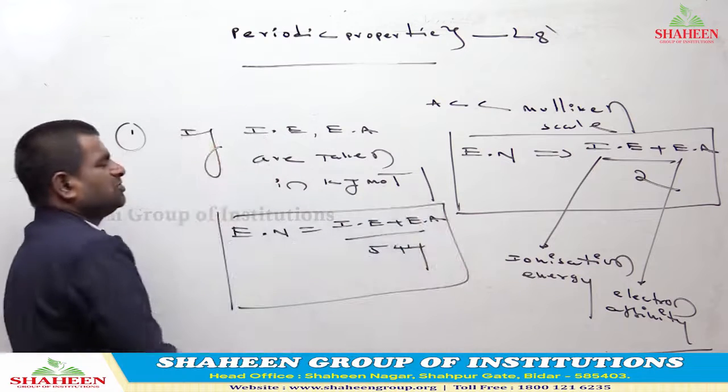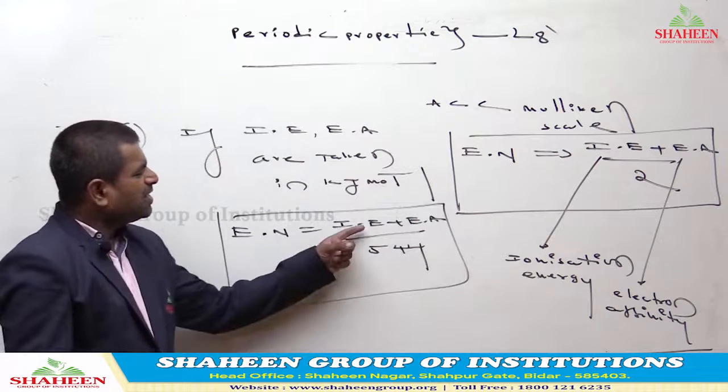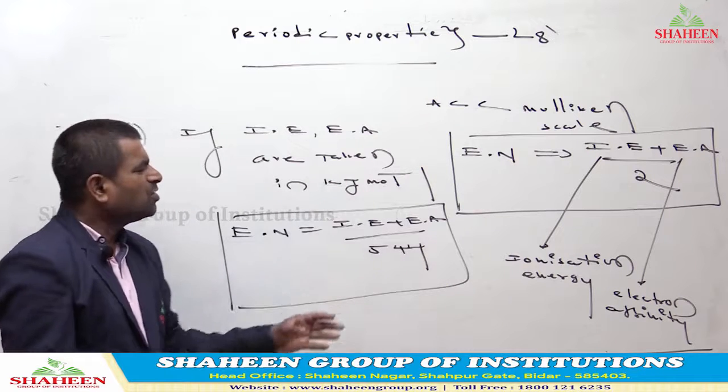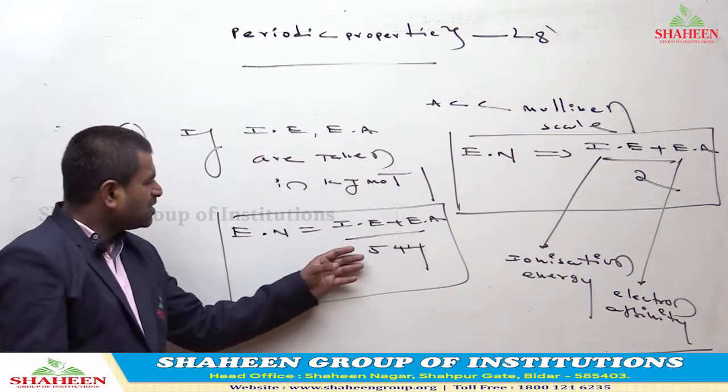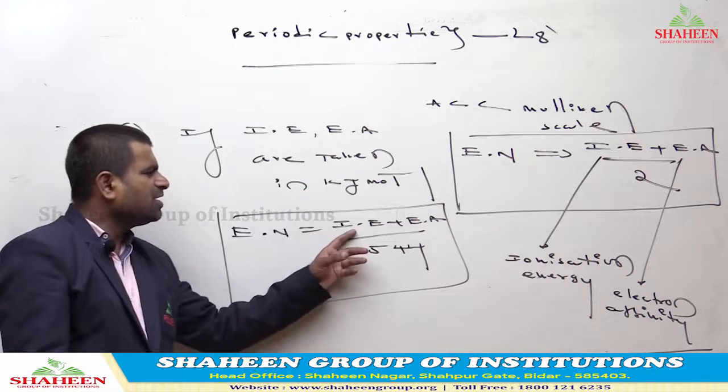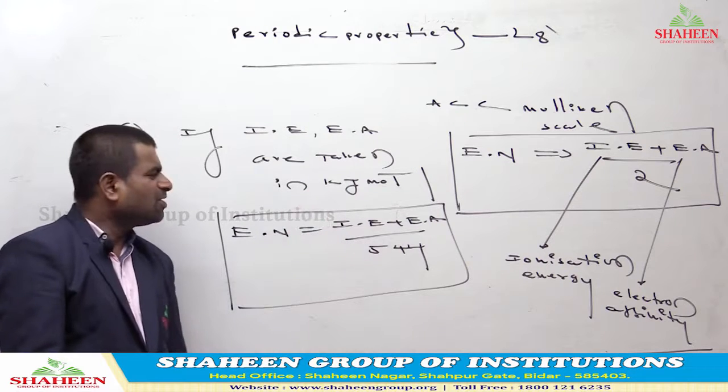Remember, if IE and EA values are taken in kilojoule per mole, in that case we use EN equal to IE plus EA divided by 544.